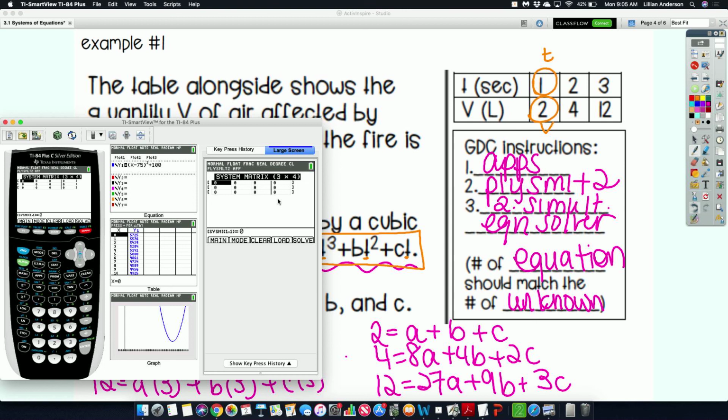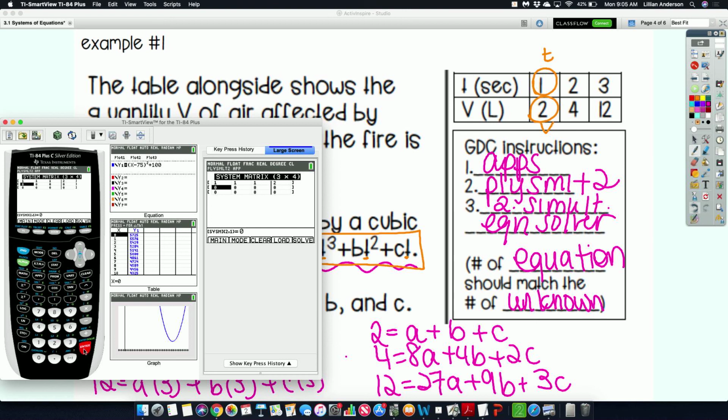So for my first equation, all those coefficients for A, B, and C are all 1, so I'm going to click 1, enter, 1, enter, 1, enter, and all of that was equal to 2, and I click enter. So I'm plugging in the coefficients of the equations that I created.